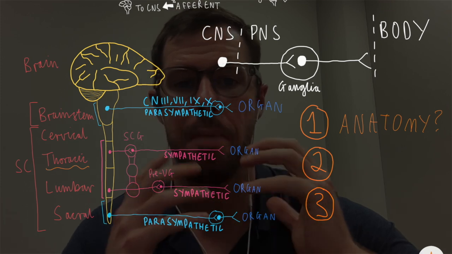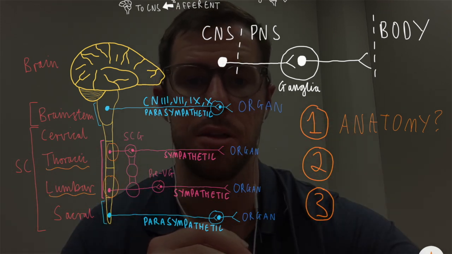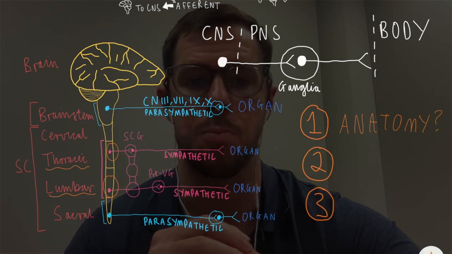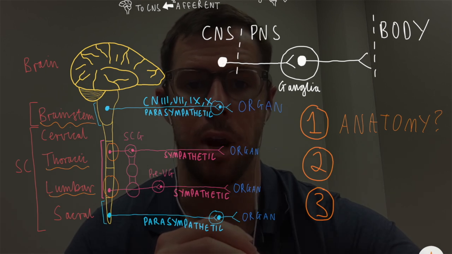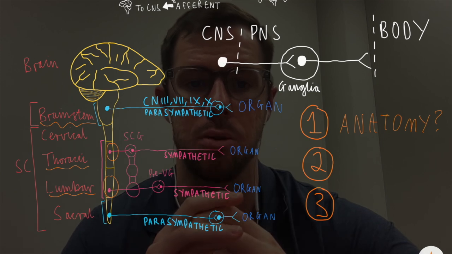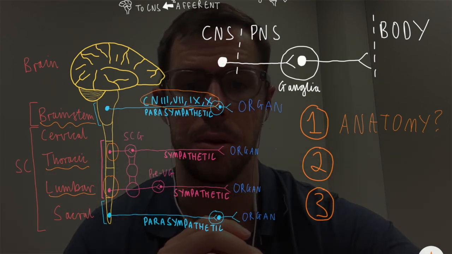In contrast, parasympathetic nerves, which are drawn in light blue, originate from both the brainstem as well as the spinal cord. Brainstem parasympathetic neurons are part of cranial nerves 3, 7, 9, and 10, and also originate from sacral levels of the spinal cord.